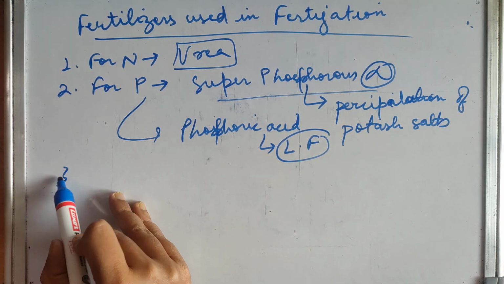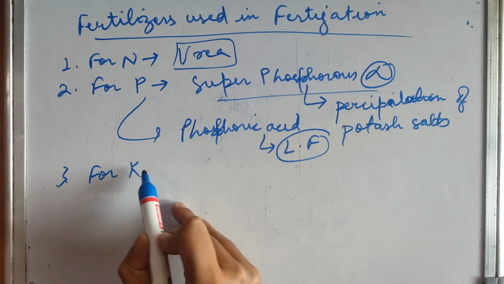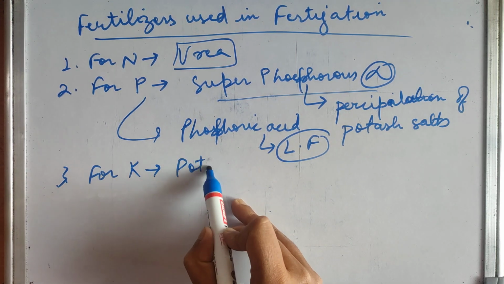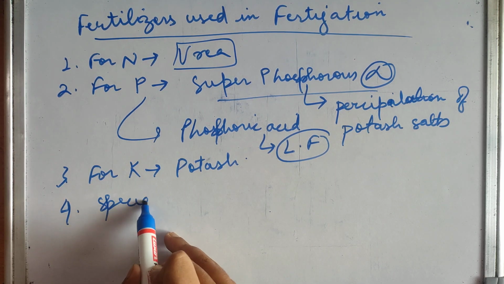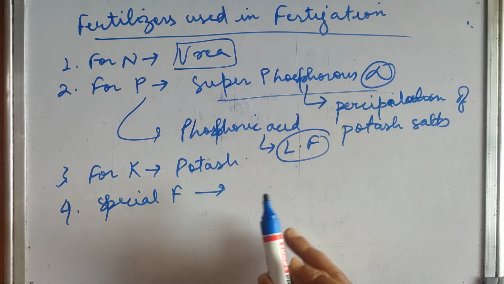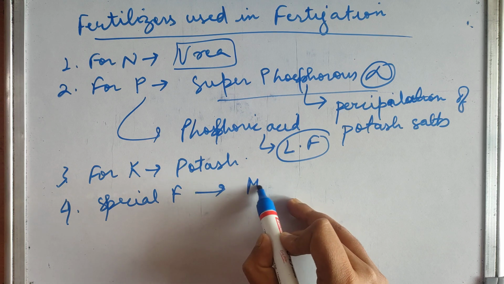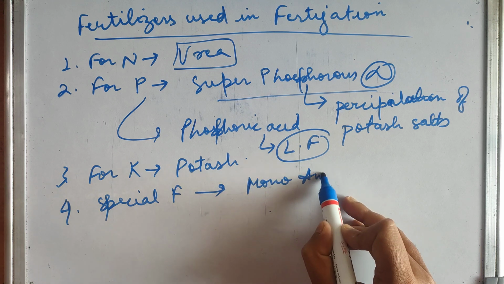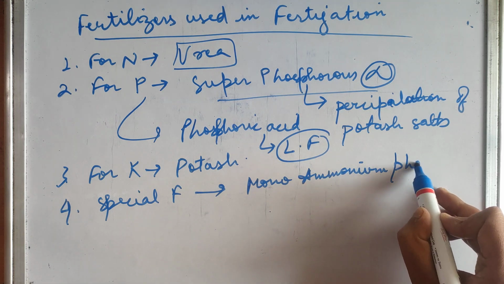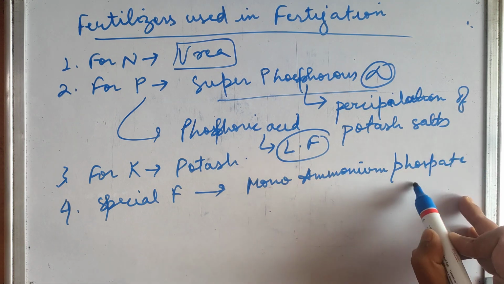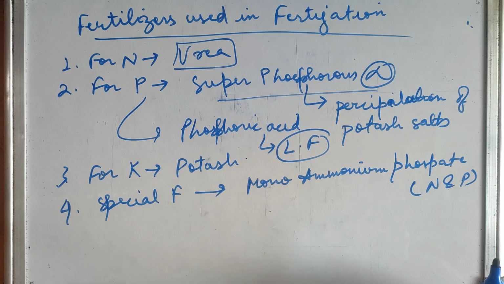For K, we can use potash. We can also use some special fertilizers like monoammonium phosphate, which has both N and P, nitrogen and phosphorus.